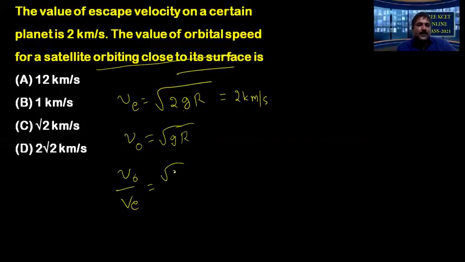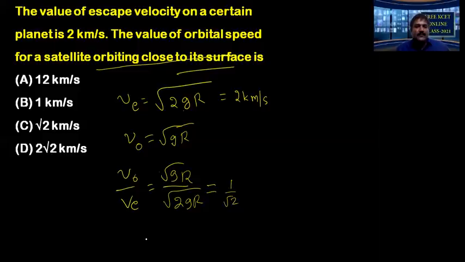The numerator is root gR and the denominator is root of 2gR. Cancelling, 1 by root 2 remains.